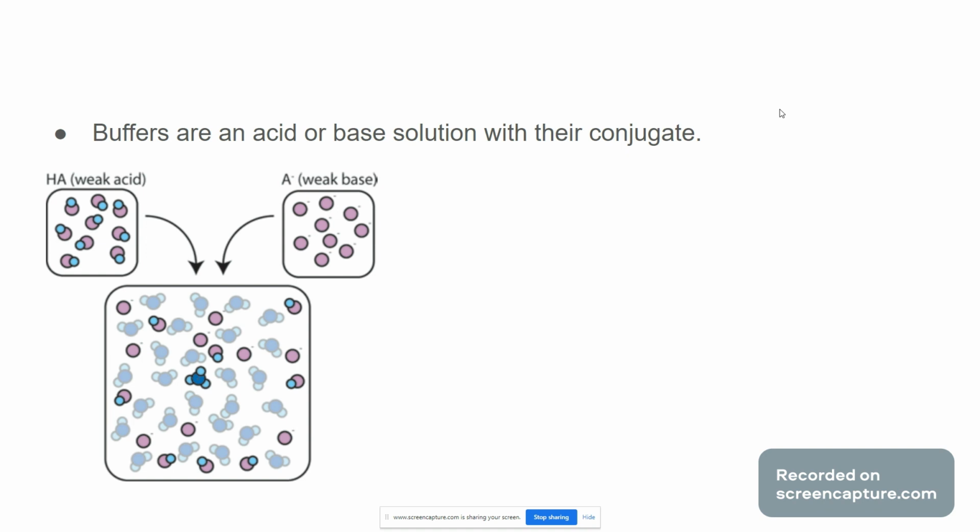A buffer is something that resists pH change. The best type of buffer is one where you have equal amounts of acid or base and its conjugate.